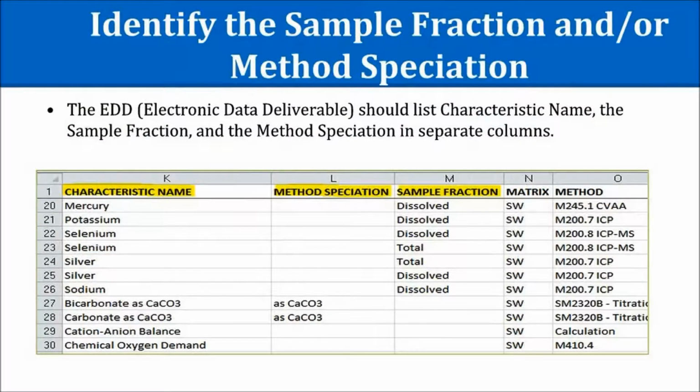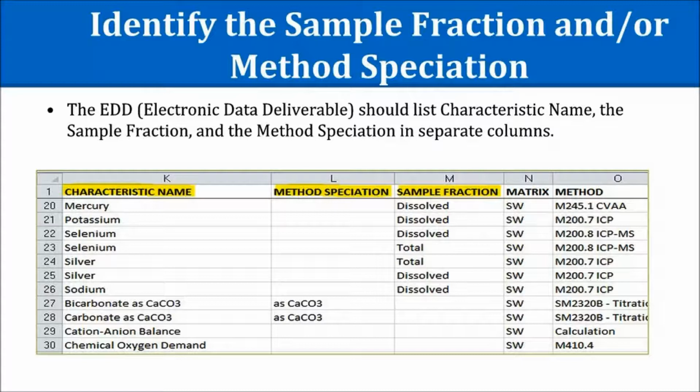Okay, so as Charles had said before, we need you to identify your analytical methods and your context. But while you're doing that, we would also like you to include the sample fraction or the method specification for this information. The sample fraction will be on that data form, whether it's total phosphorus or dissolved phosphorus.